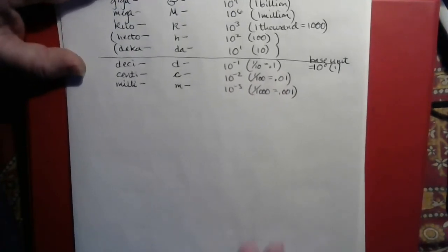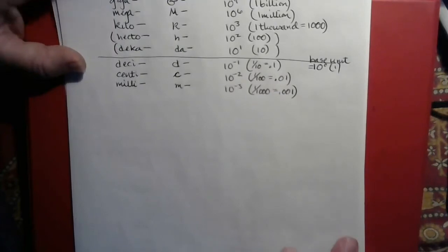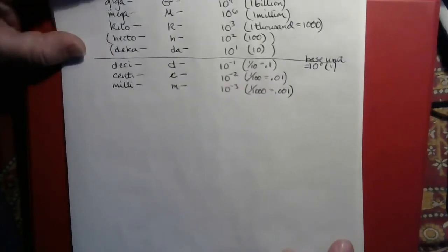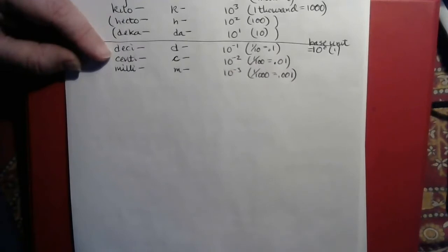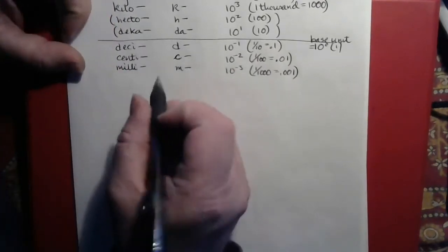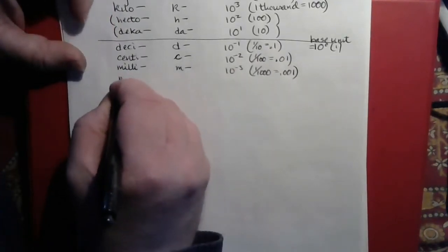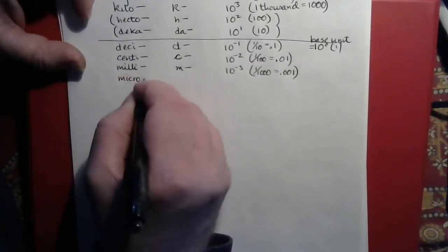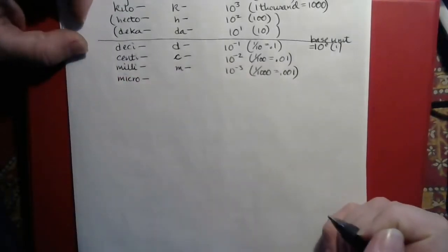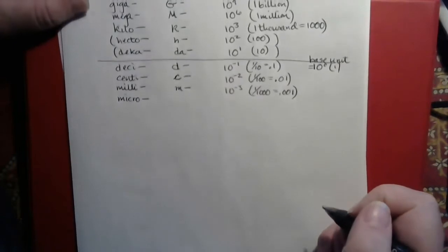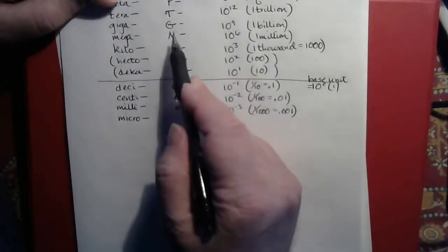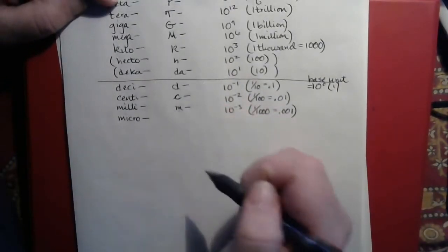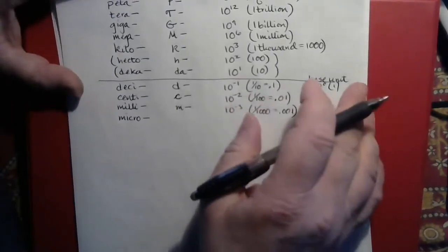And then we start skipping by factors of 3 again, because we don't encounter values in between as often. So the next one of importance is micro. Uh-oh. What do we use for the symbol for micro? We use capital M up here and lowercase m down here.